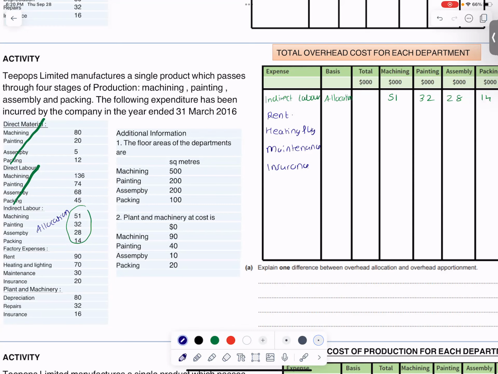This would be on the basis of floor area. Related to plant and machinery, there will be depreciation, repairs, and insurance. Won't the basis be AP? Why AP? No.